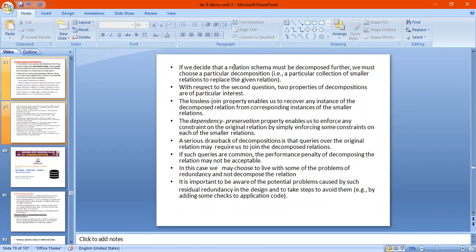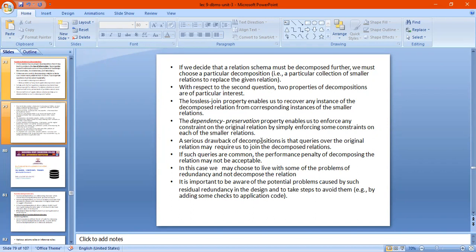If we decide that the relation schema must be decomposed further, we must choose a particular decomposition, that is, a particular collection of smaller relations to replace a given relation.